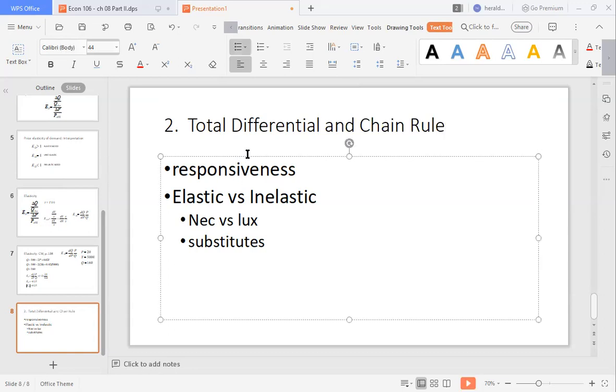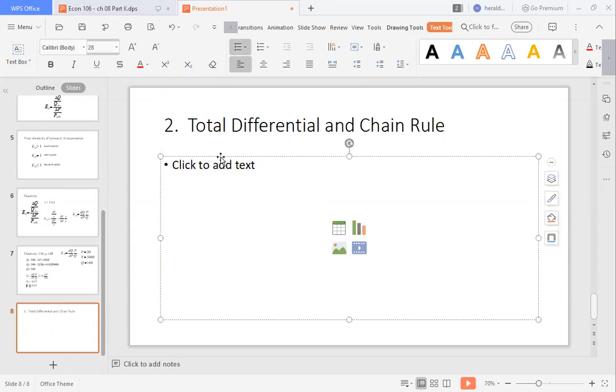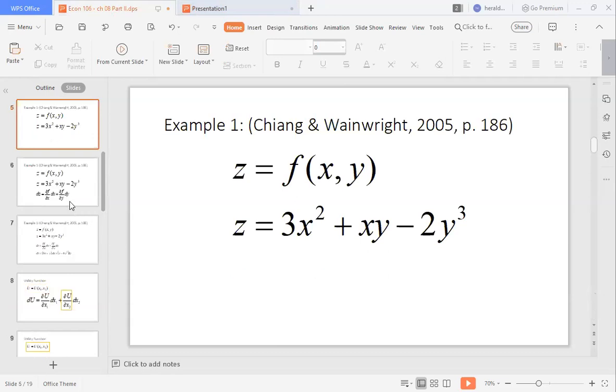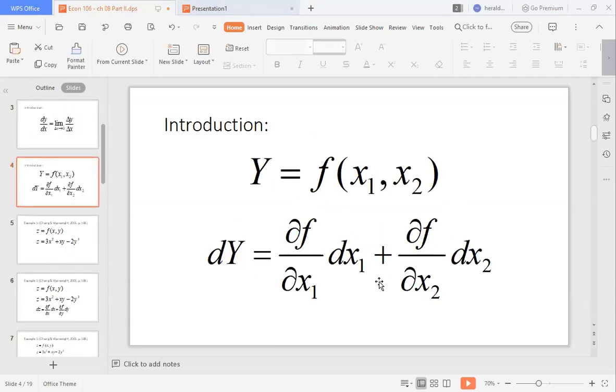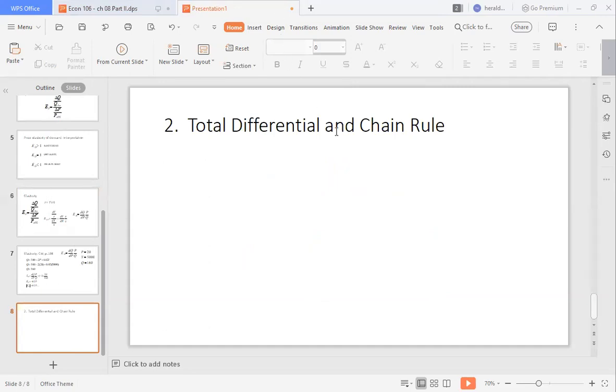All right. Now, last meeting, again, we had a discussion. Total differential is again this one here. It's the general way to do it. Okay, let's have an example.